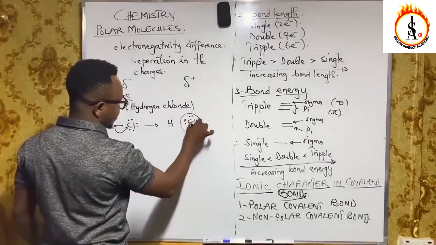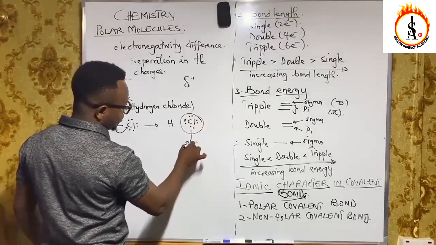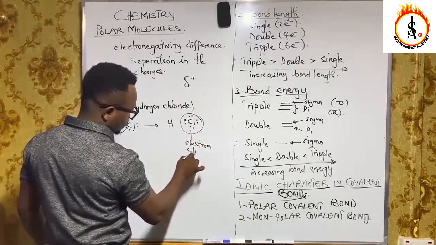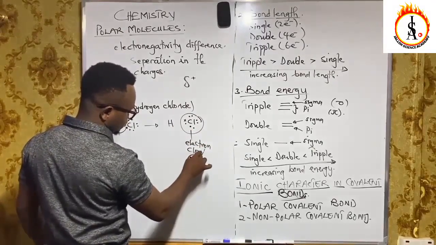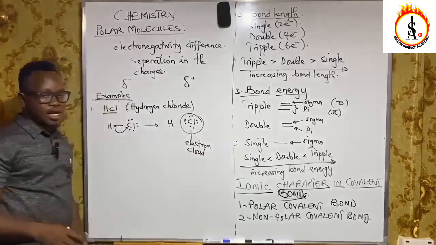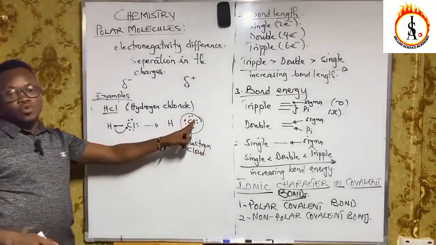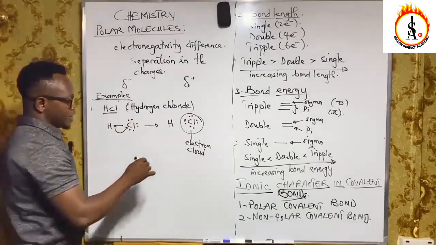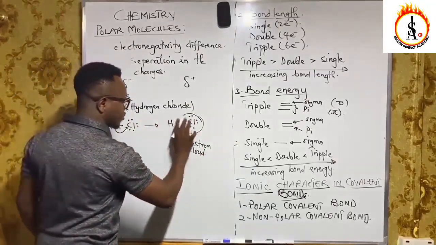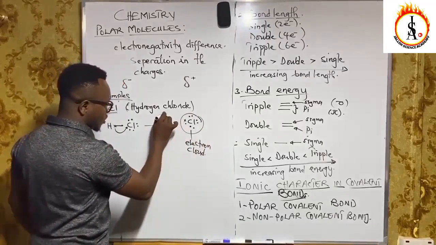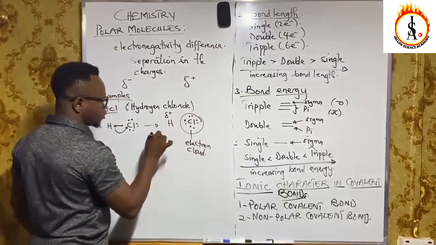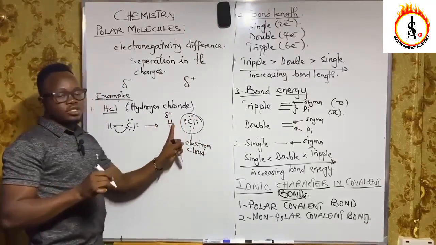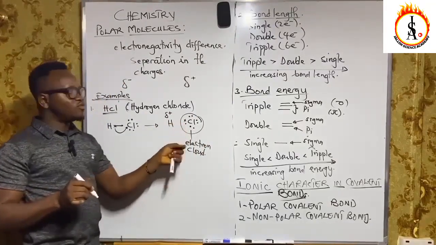So you see here the electron cloud is shifted towards the chlorine. And when this situation arises, this hydrogen, the electron cloud having shifted away, is going to get a formal charge of delta plus, because the electron which makes it electrically neutral has moved off.